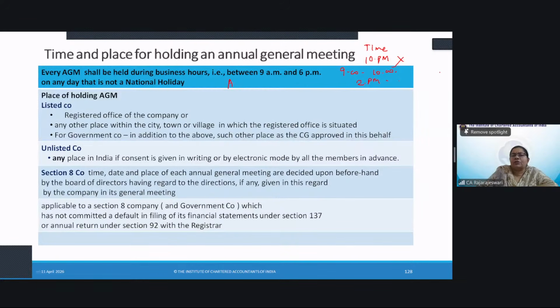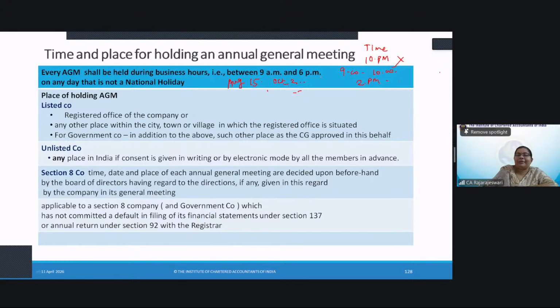And can it be held on a national holiday? No. You cannot hold the AGM on August 15th, Independence Day, or on Republic Day or October 2nd, Gandhi Jayanti. So these 3 days are generally not the dates for holding an annual general meeting. We don't keep the AGM on those dates. That is, on a day that is not a national holiday.